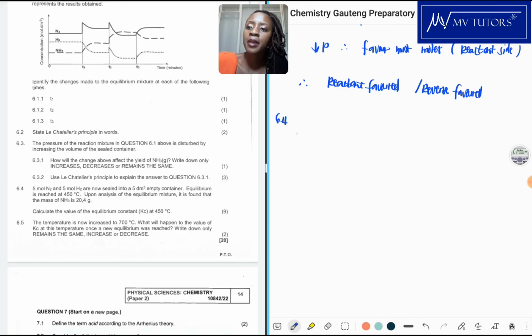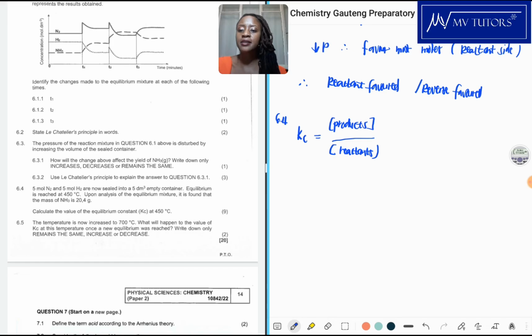Remember, if you want to get the equilibrium constant, we will be looking at the concentration of the products all over the concentration of the reactants. So here, we need to get the concentration of the products as well as that of the reactants.